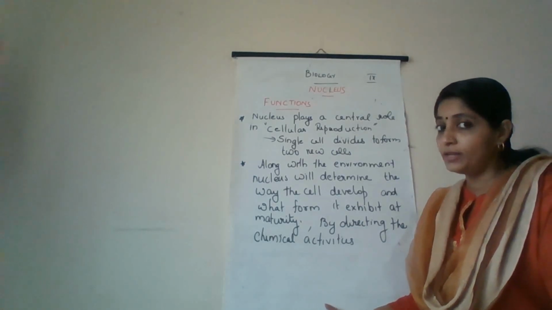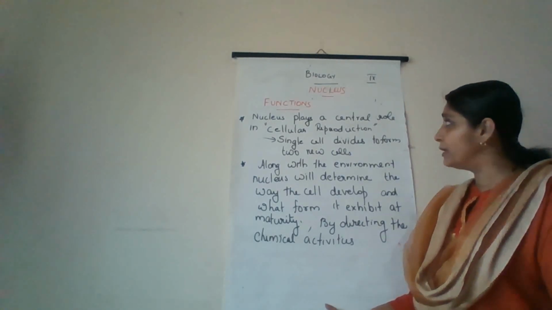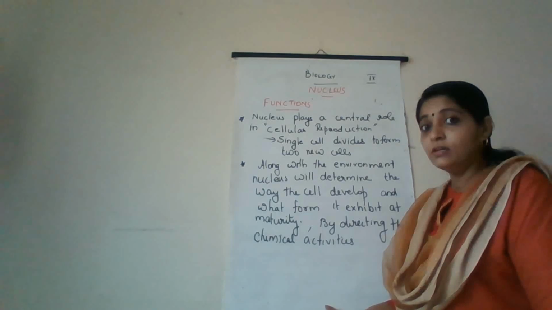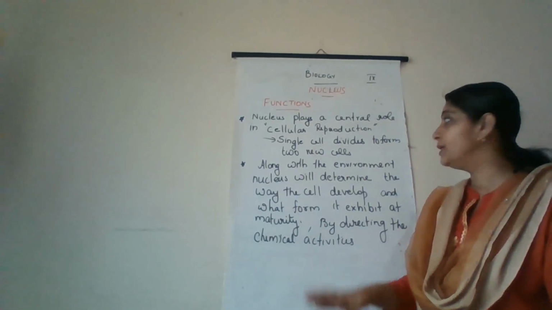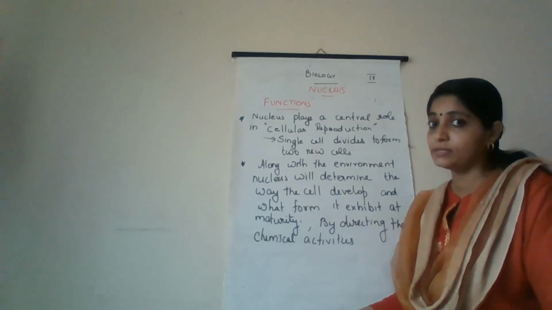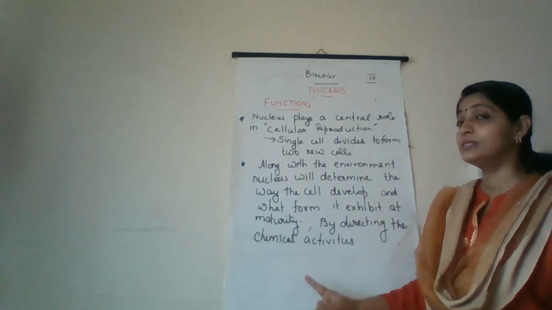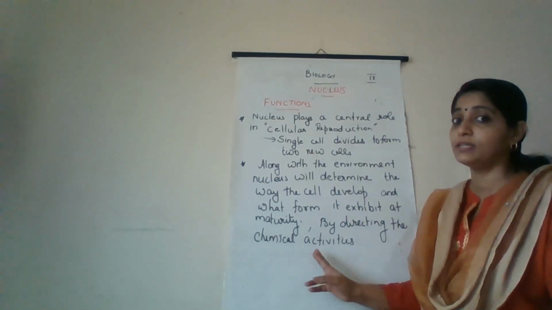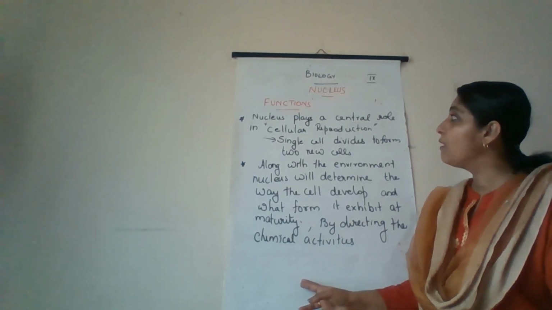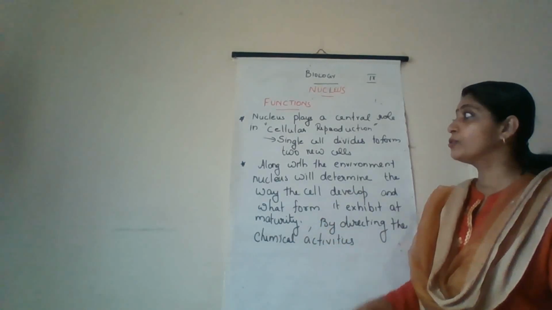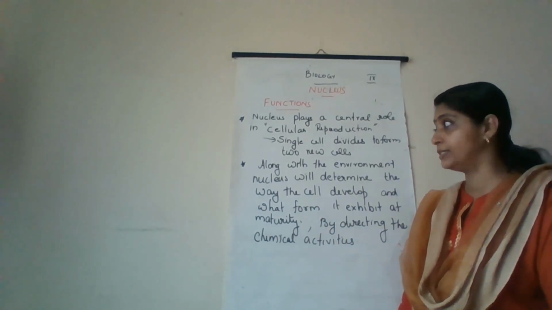What do you mean by cellular reproduction? Cellular reproduction means the reproduction of the cell. Reproduction of a cell means a single cell will divide to form two new cells. So the nucleus controls the cellular reproduction, the cell division, the time of cell division, everything will be controlled by the nucleus.